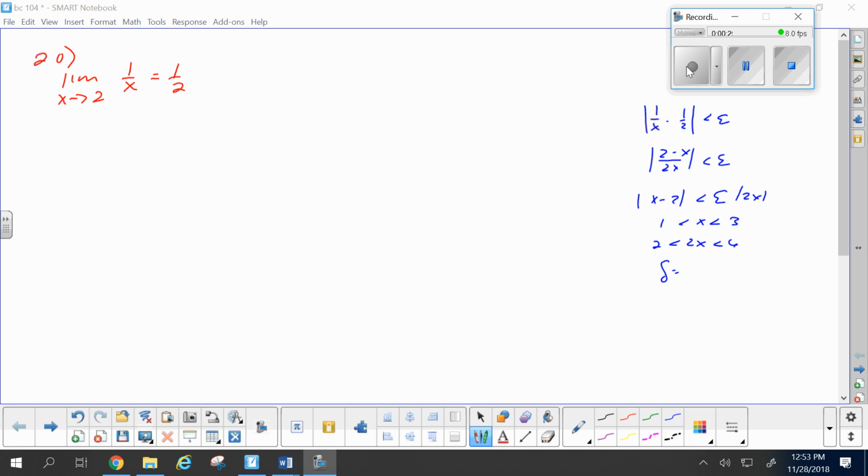Do you have your delta yet? Okay. The scratch work again is to your benefit, as much or as little as you like. The proof will be everything shown.